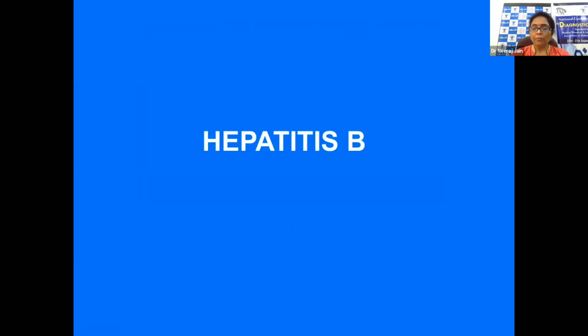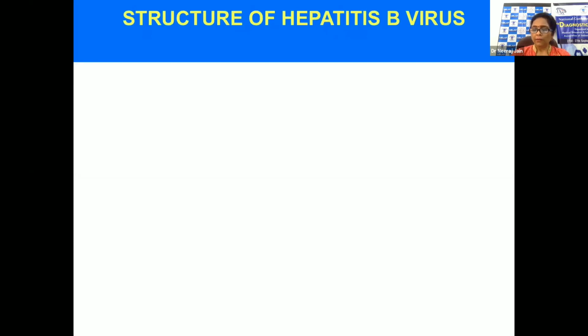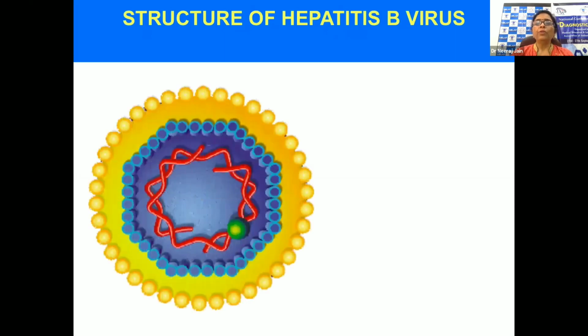First of all, coming to hepatitis B virus. Before interpreting the different serological markers, of which there are the maximum number available in B, we need to know a bit about the structure of hepatitis B virus. It's very simple to understand.